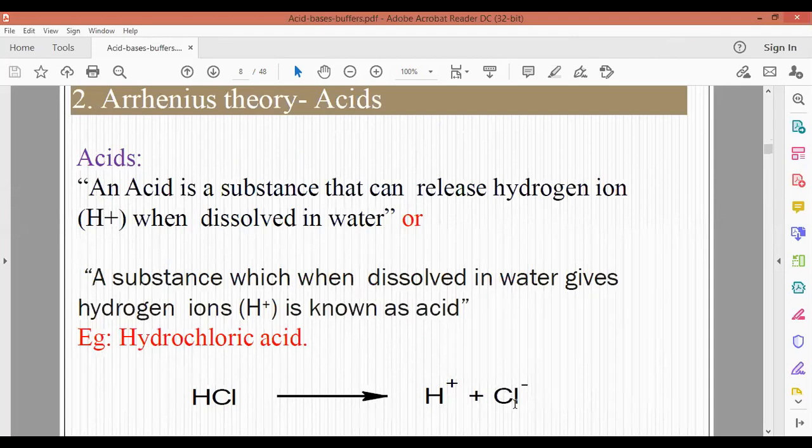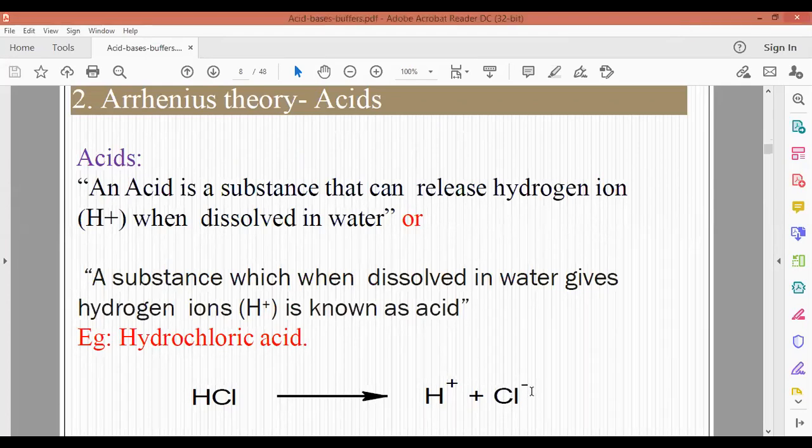According to the Arrhenius theory, an acid is a substance that can release hydrogen ions when dissolved in water.